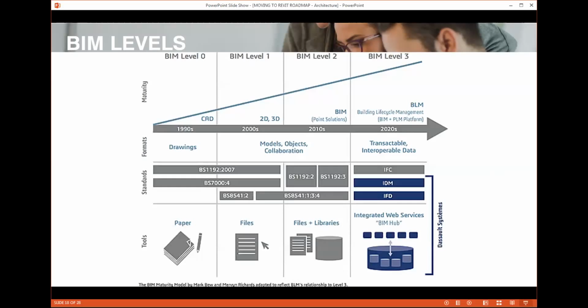BIM level 2, we have the organization using BIM software like Revit, and doing some BIM related stuff. BIM level 3. No, please come back. That's not BIM level 2. Yes, BIM level 2. I should come again.